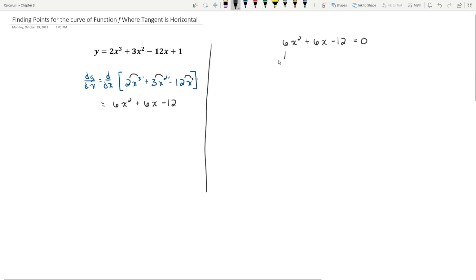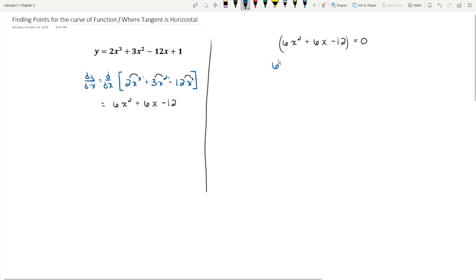As you can see, each term is divisible by 6, and sorry, I always forget if it's least common denominator or greatest, but anyway, we're going to factor out a 6.